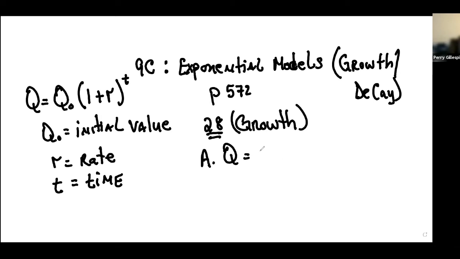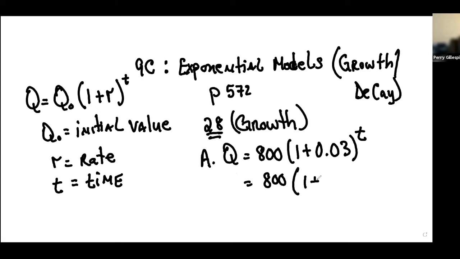Therefore, we will have 800 times 1 plus my rate, which is 3%. Converted to a decimal, 0.03, raised to the T power, or simply 800 times 1.03, all raised to the T power.